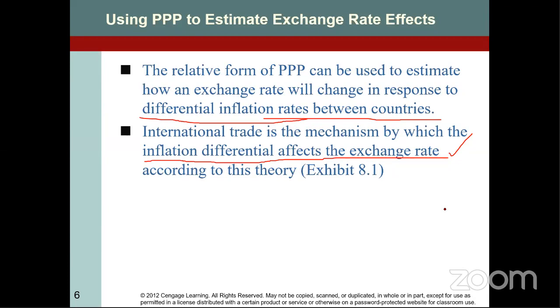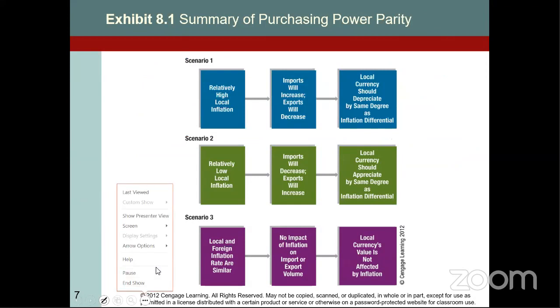With this higher inflation rate than the US, our money, the Indonesian rupiah, depreciates, just like what we learned from slide 5. A higher home inflation rate means your money depreciates and the counterpart, in this case USD, appreciates.